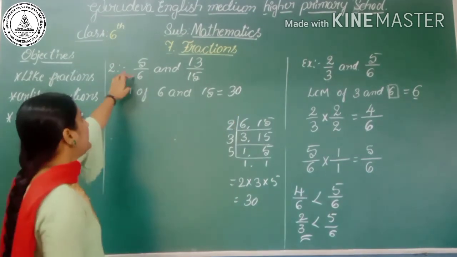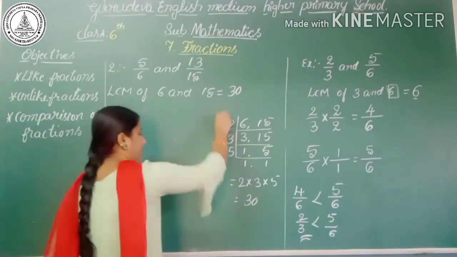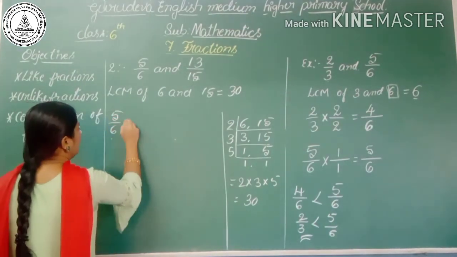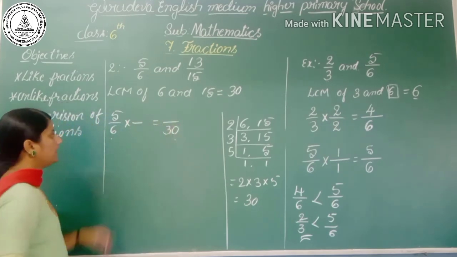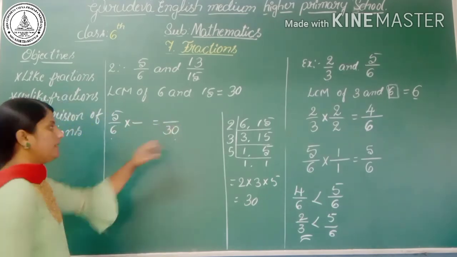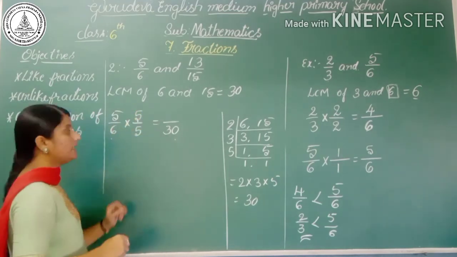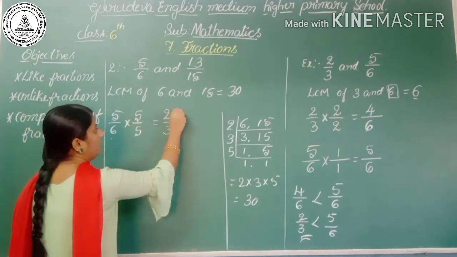Okay. Write the equivalent fraction of 5 by 6 with the denominator 30. Right here, 5 by 6 into dash, which is equal to 30. 6 times how much is 30? That is 6 times 5 is 30. Multiply and divide with the same number, 5. 5 times 5 is 25.